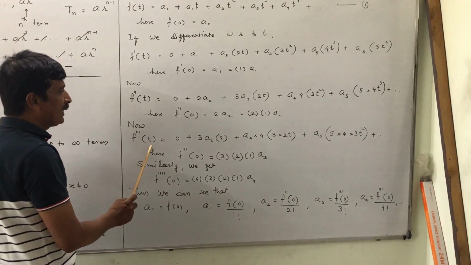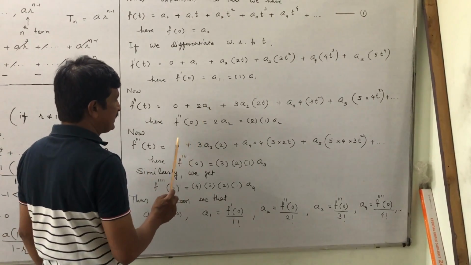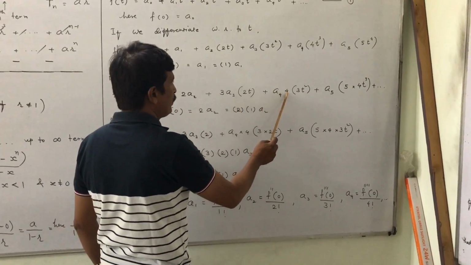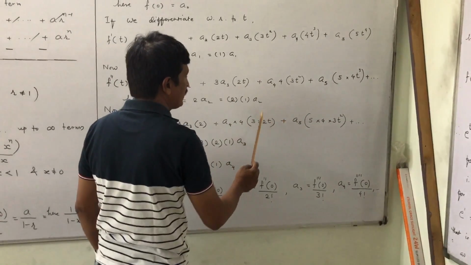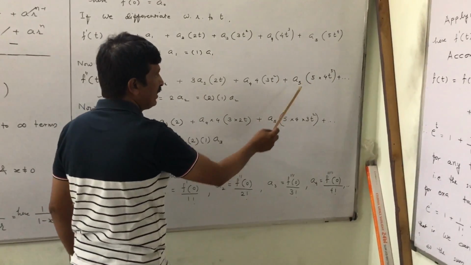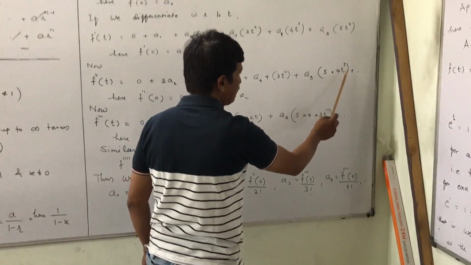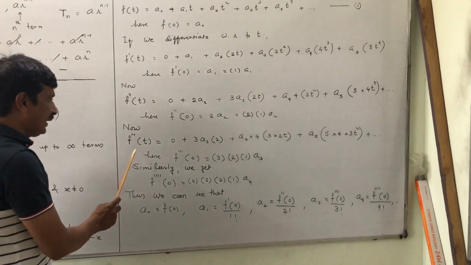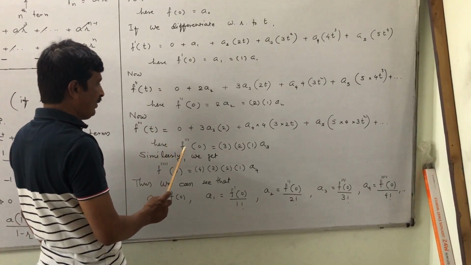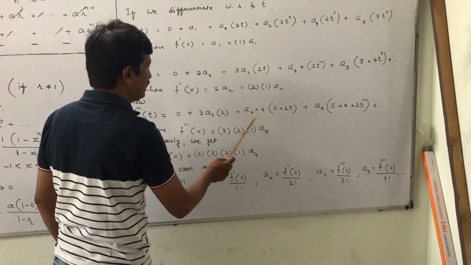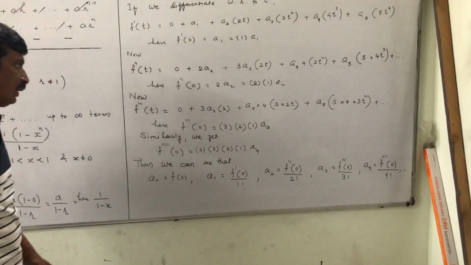Now f triple dash t, so here it is 0, 3 into 2 a3, a4 into 4 into 3 into 2t, a5 into 5 into 4 into 3 t square, and so on. If we take t as 0 here, f triple dash 0 is 3 into 2 into 1 into a3 and all the rest terms are 0.